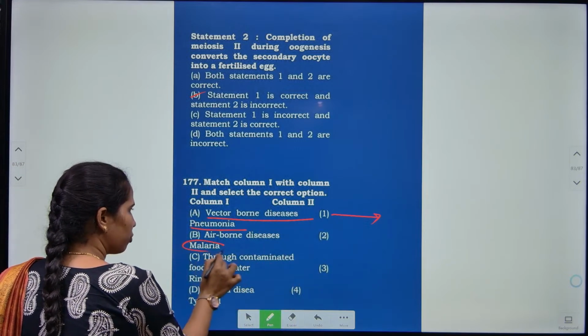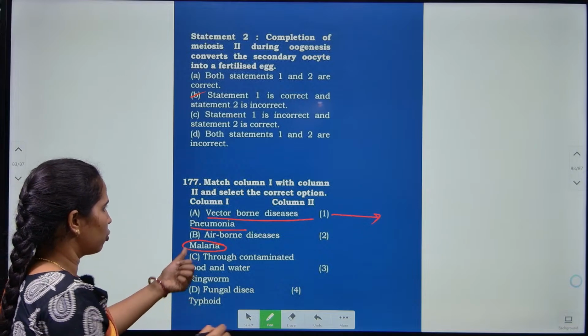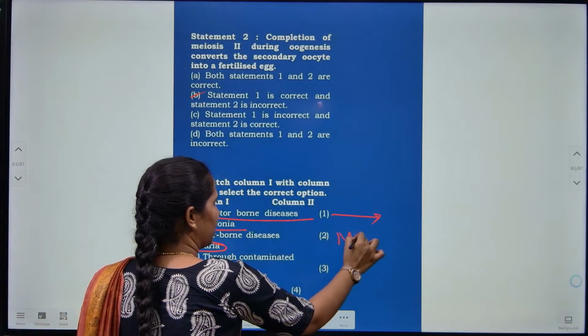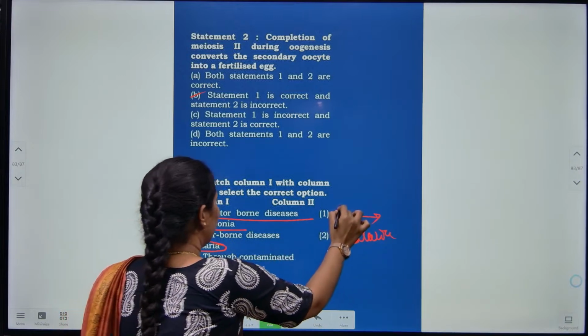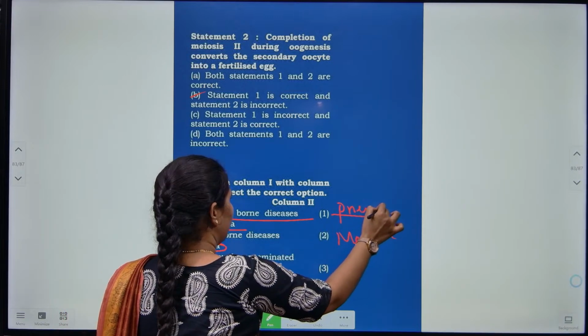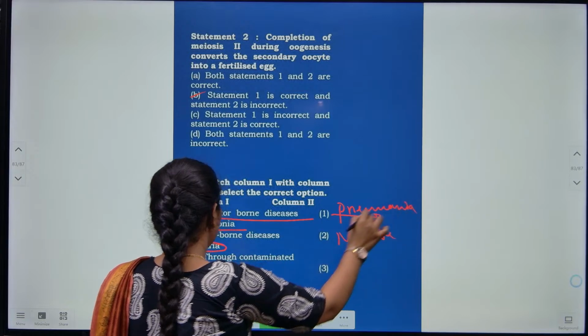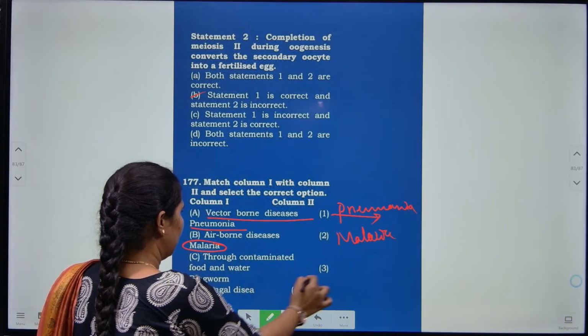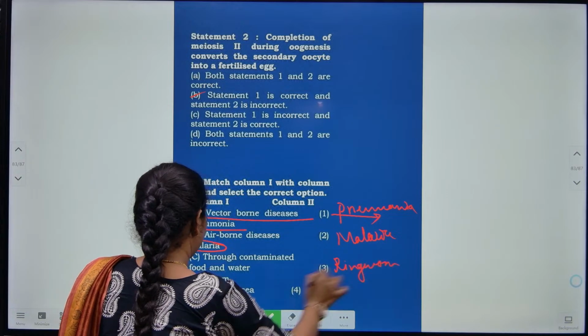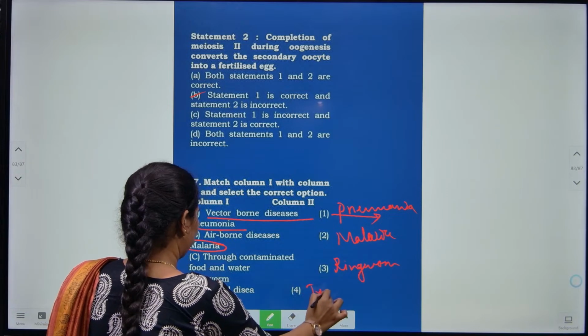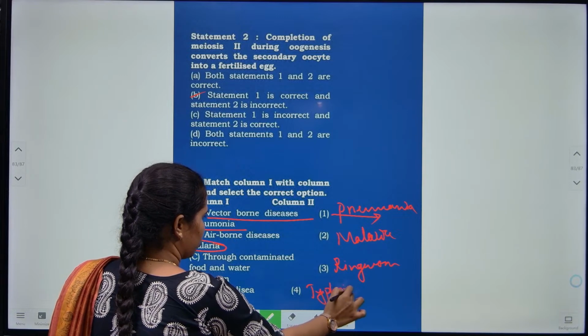So this is going to be the malaria, and so it should be option B here. It should be malaria, okay. So here it should be pneumonia. So I am just writing the options here. I am not matching it properly, and here it should be ringworm according to this question, and the last one is typhoid. Now you match. Now that should be matching, okay.